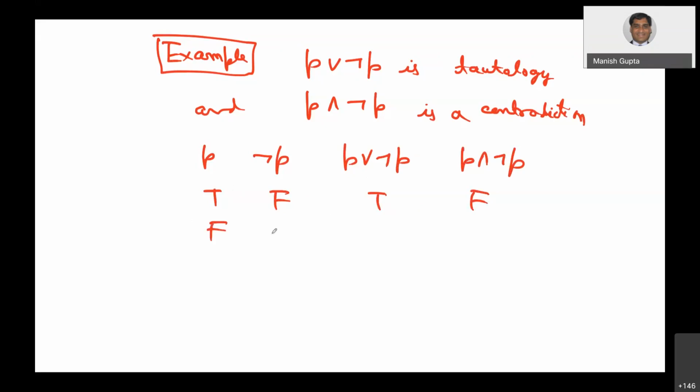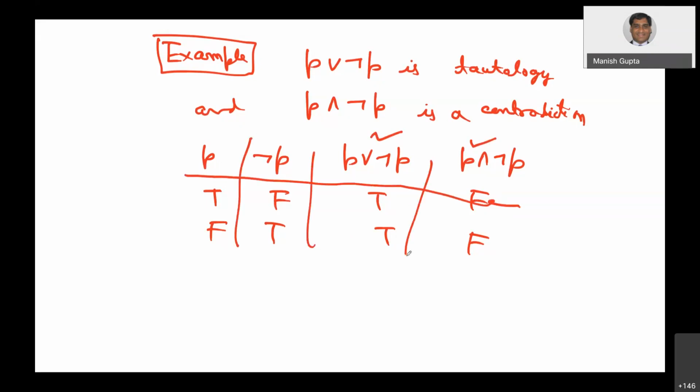If P is false, negation of P is true, the join is true, and the meet is false. So no matter what the value of the variable P, this is always true, so this is a tautology, and this is always false, so this is a contradiction.